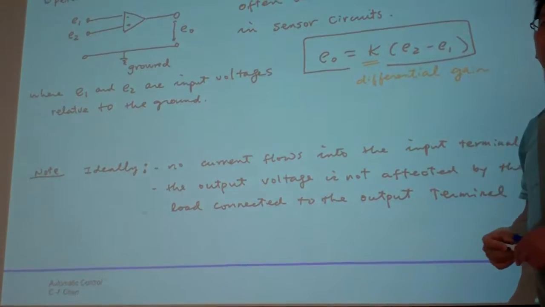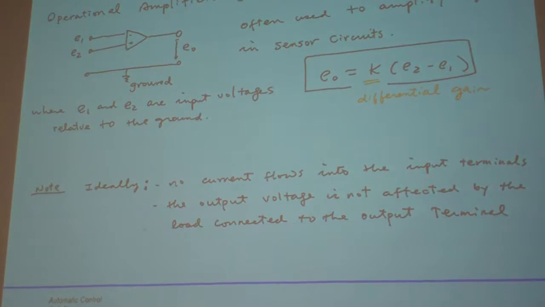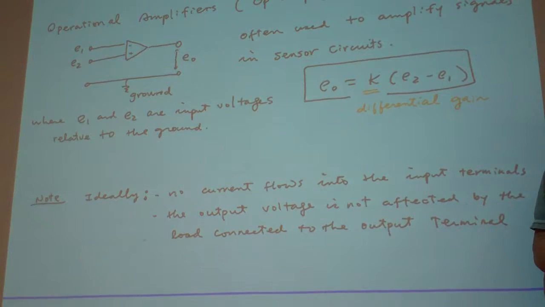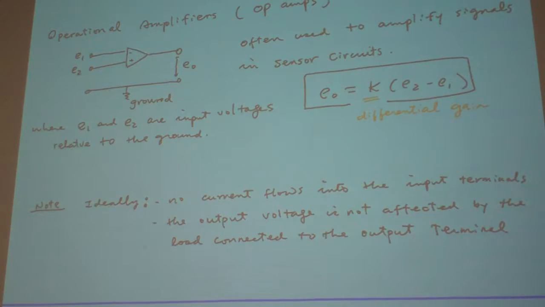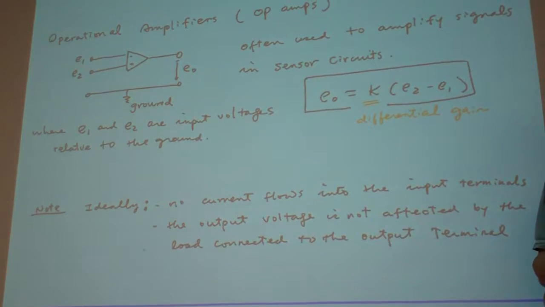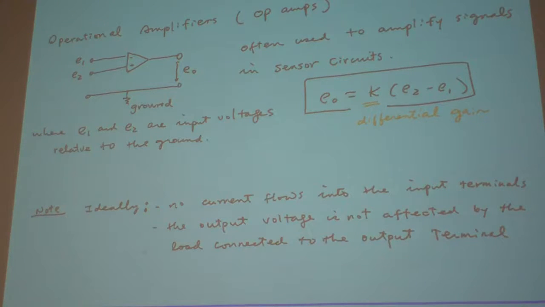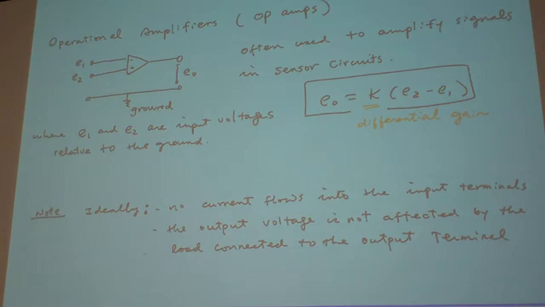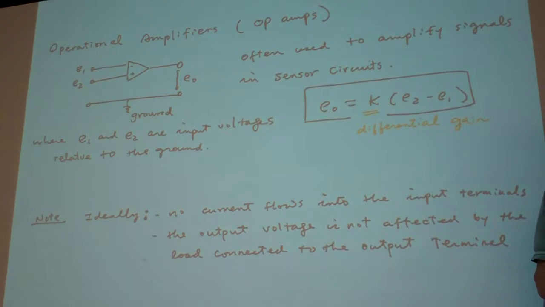For example, in my current research, I try to detect very weak light, with very weak intensity in terms of photons. When I detect that, the current converted from the sensors is way too small.